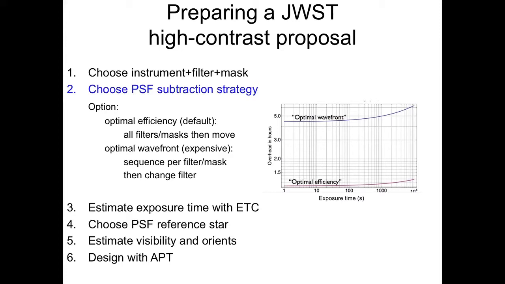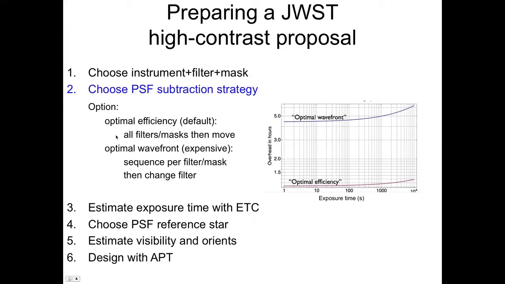So you minimize the wavefront drift. But if you do so, and then you repeat that sequence by changing the filters, so you do roll 1, roll 2, PSF with the first filter, and then you change the filter, and then you go back again, roll 1, roll 2, PSF, it will cost a lot in terms of overheads.